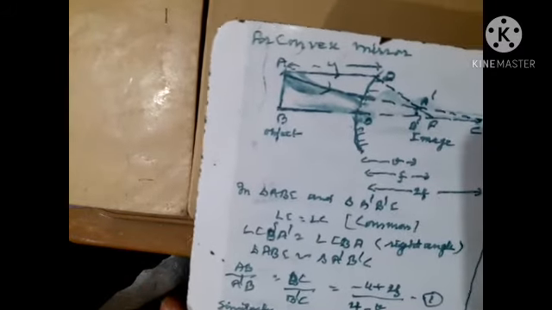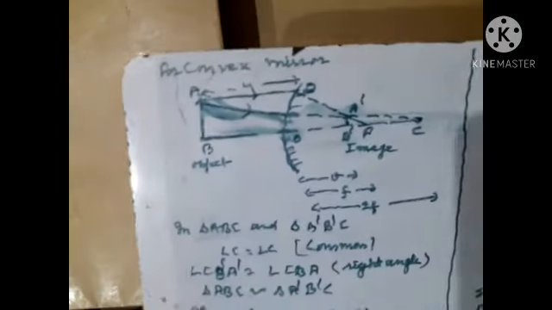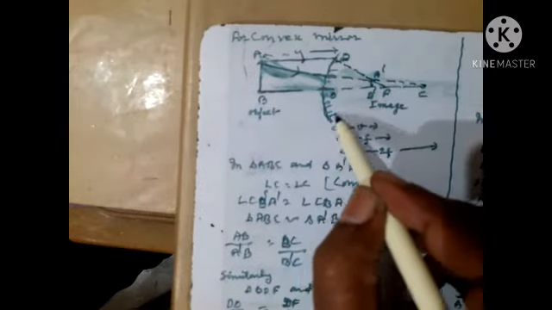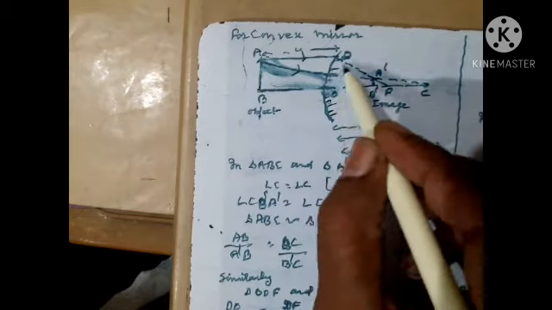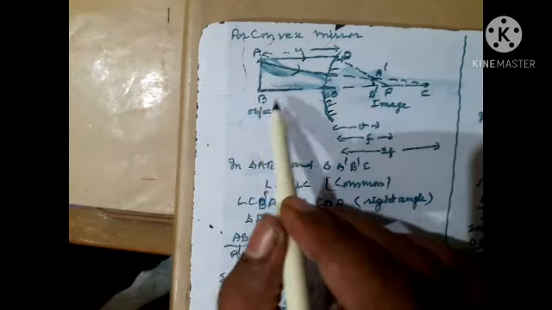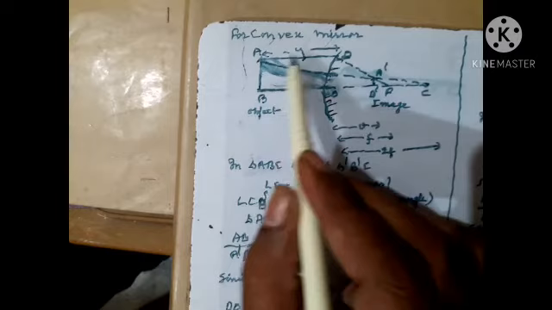Okay, try to understand one by one. I want to discuss this. Here I have drawn this figure for a convex mirror. You are observing this is a convex mirror. I have drawn AB as the object, u is the distance.